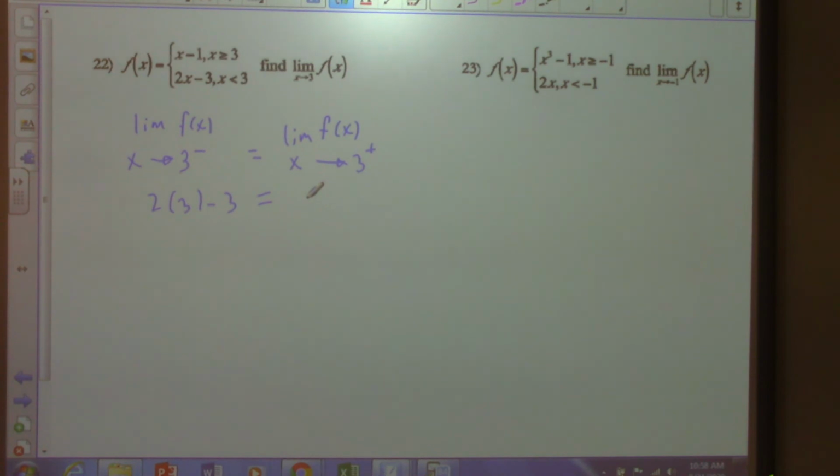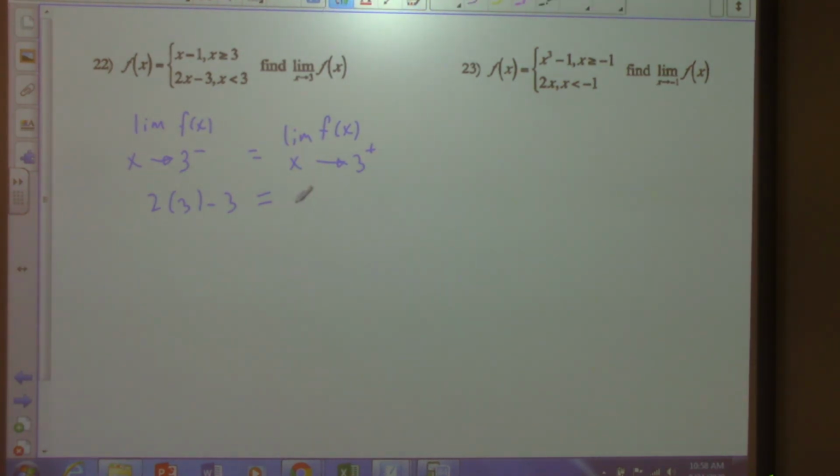Okay. Is this right here? I'm not sure right now. 2 times, well, the right side's going to be just 3, excuse me, I got it wrong here, didn't I?